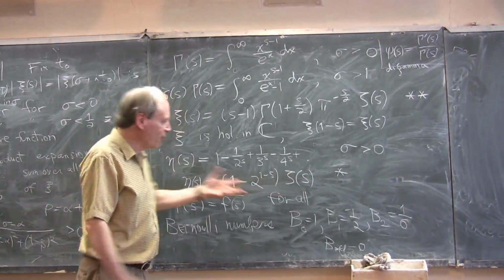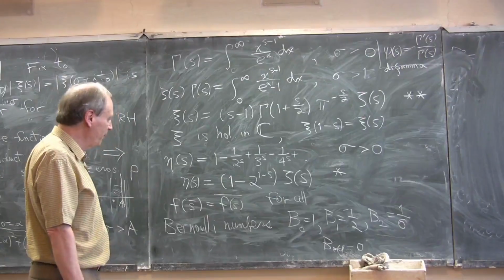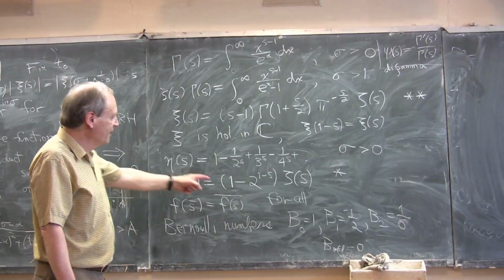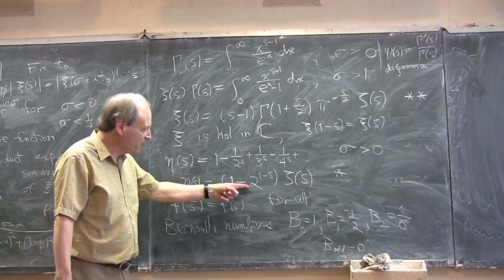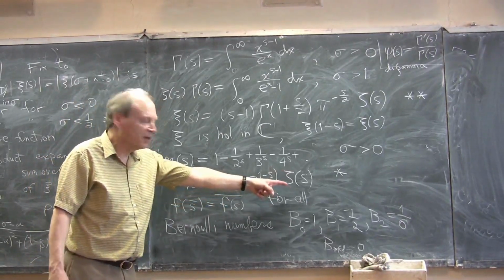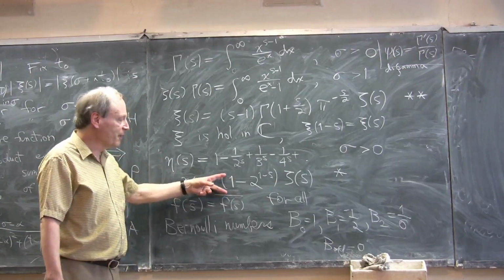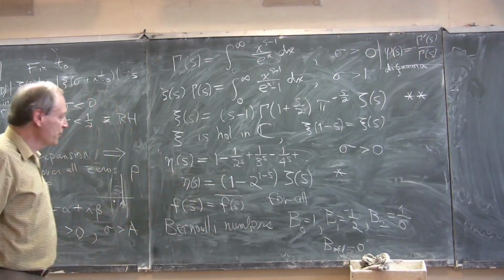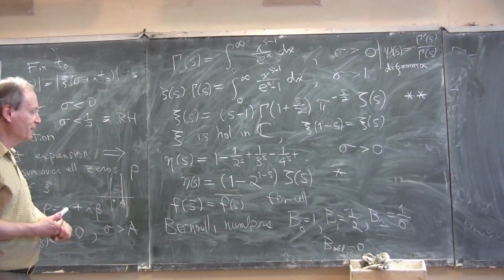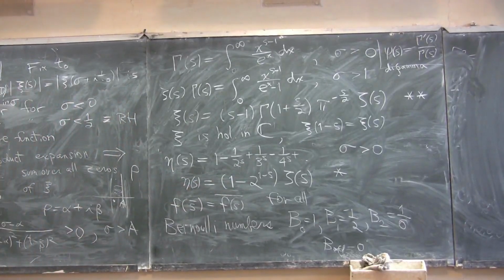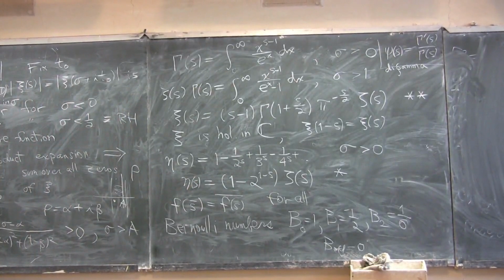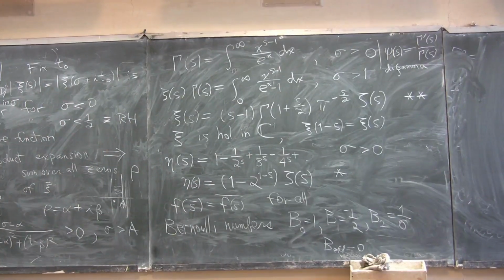Because this is a product formula, the logarithm becomes very simple. And we'll just get the logarithmic derivative of this part plus zeta prime over zeta. You can analyze the logarithmic derivative of this very easily, and it turns out to be negative in this region, the real part of it.